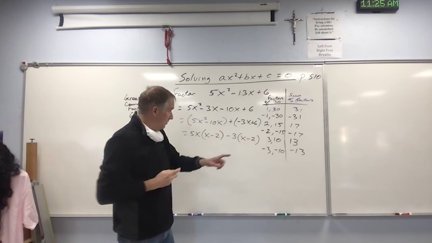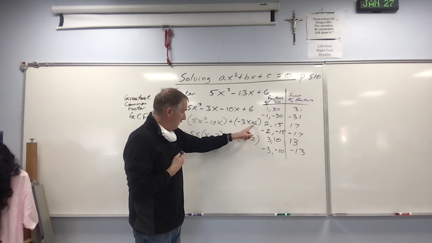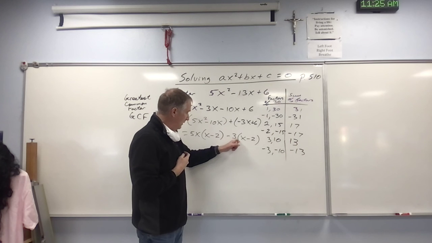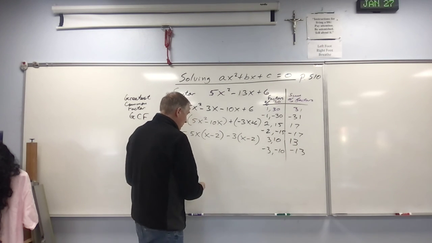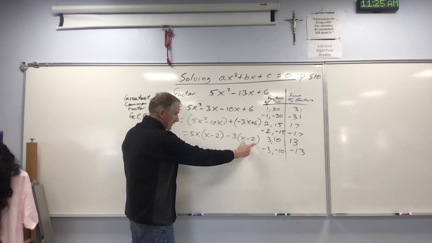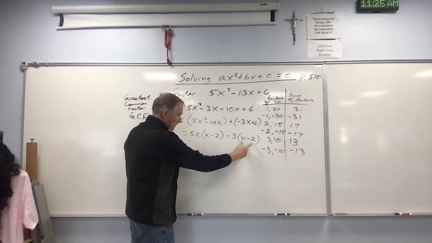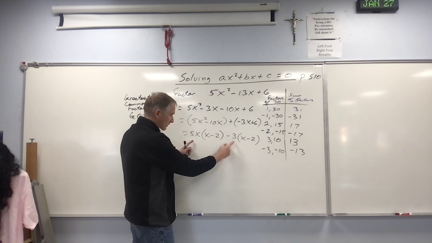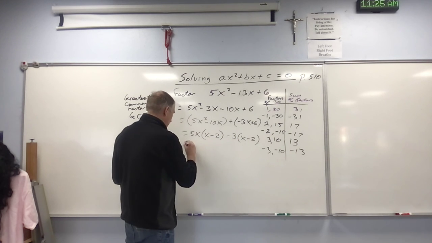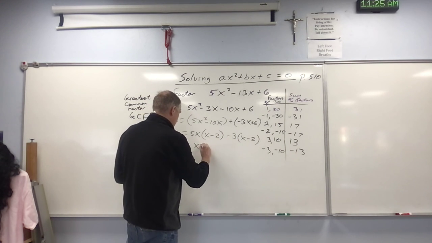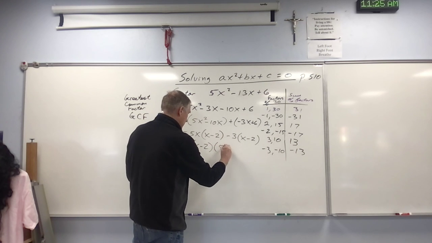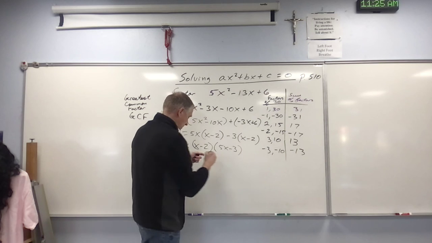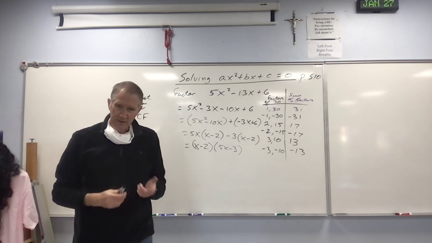Well, multiply it back in and see if you get plus 6. Negative 3 times negative 2 is plus 6. It works. And why did I do that? Because now I have a greatest common factor of x minus 2 for each of these. And so now I have x minus 2, and what's left is 5x minus 3. That is factored.